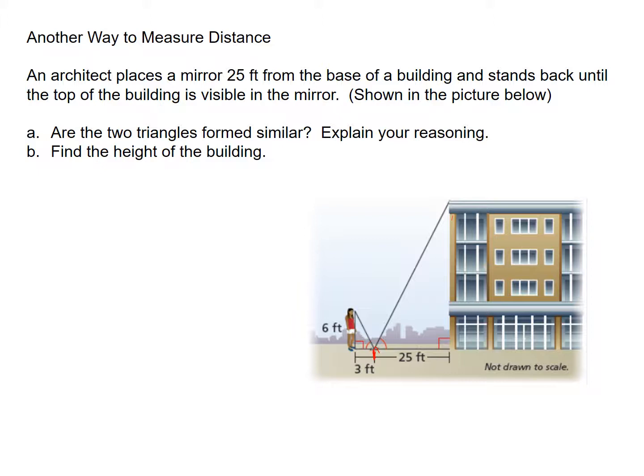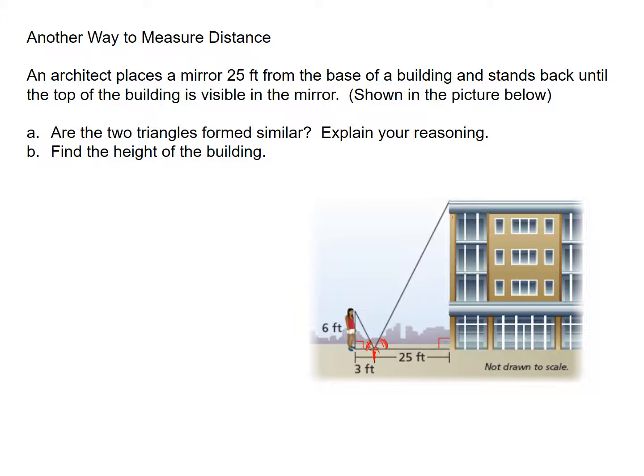And it turns out that when she's this way, these 2 angles are congruent. That's a property that says the angle of incidence is equal to the angle of reflection when you're reflecting light.